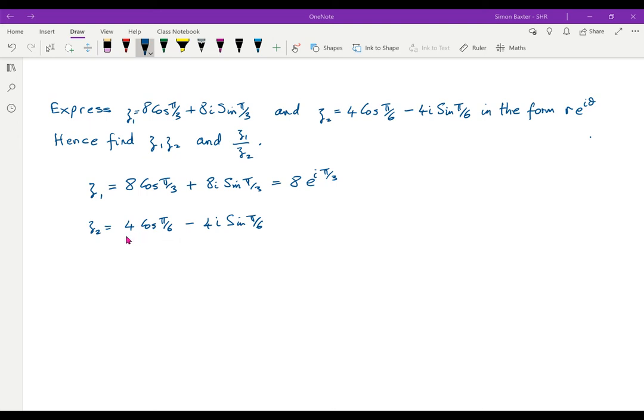How can we turn z2 easily into modulus argument form? That minus is in the way. What's sine of minus pi by 6? What's cos of minus pi by 6?